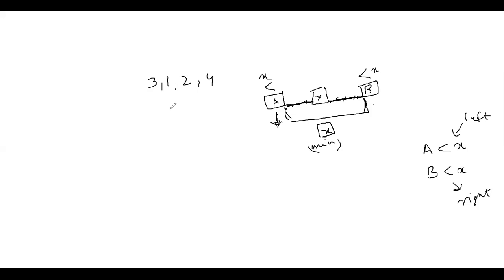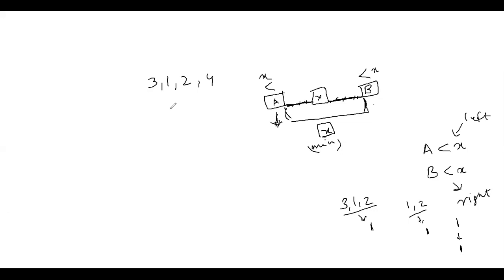So if your subarray was 312, you only care what is the minimum in this, and that was 1. So you were just adding 1. If it was just 1, 2, still 1 is the minimum. If you just have 1, still the minimum is 1. So that's the crux of this.